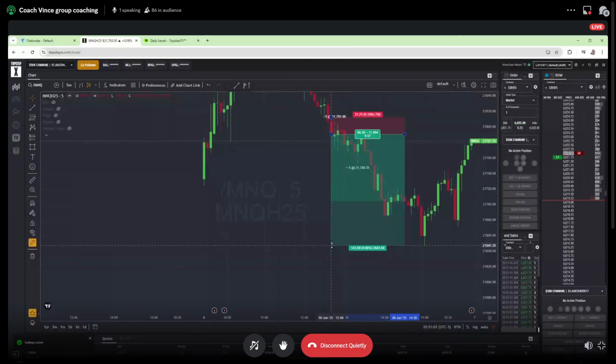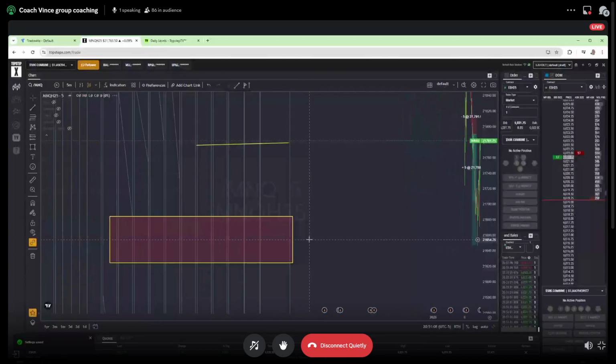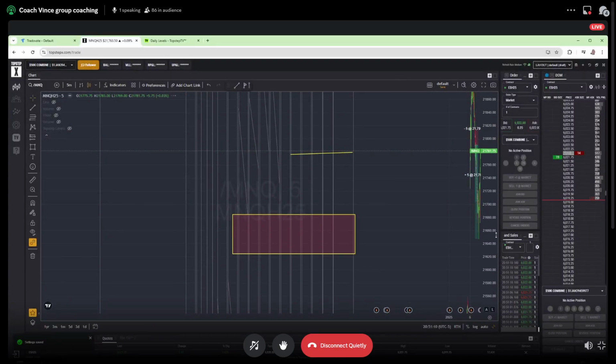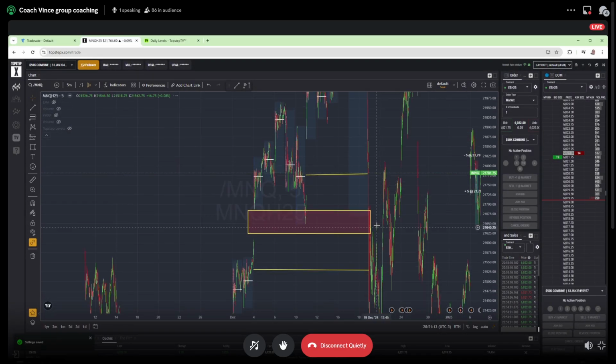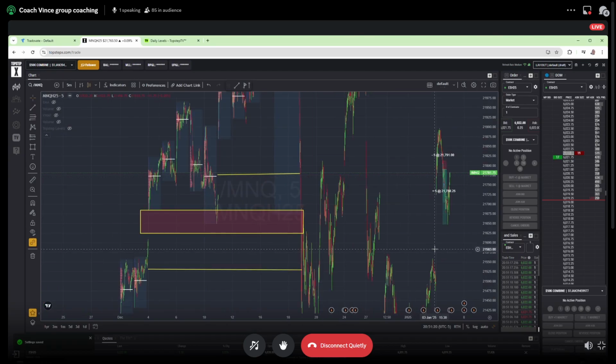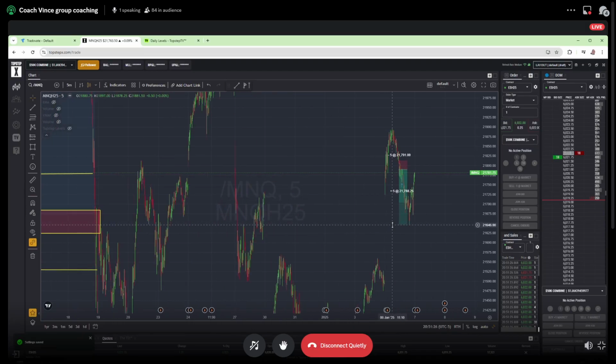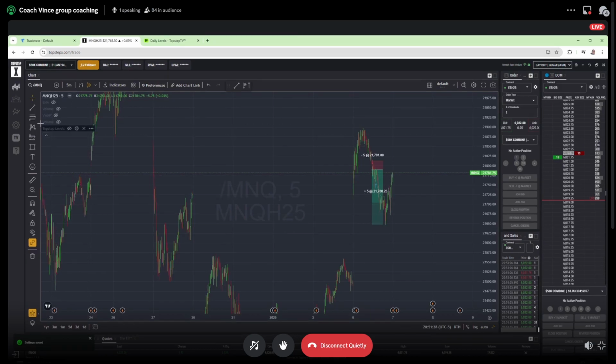This is my target, right there. That was my target, which lined up with some other things. It was a point of control. And then you can also see this low there, and we had a lot of stuff going on in this area. So that was my target.